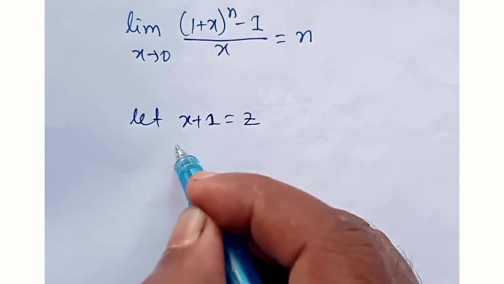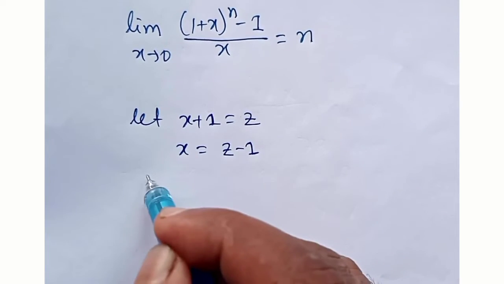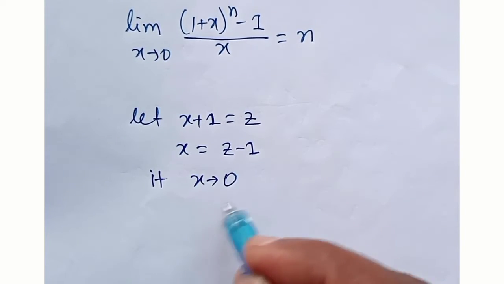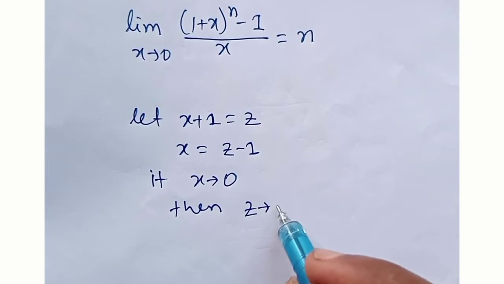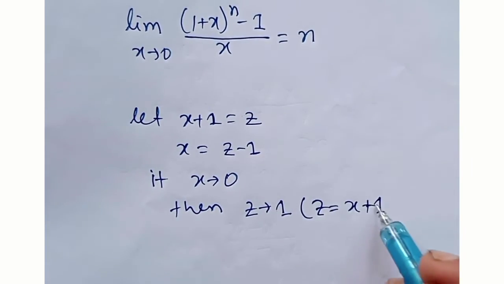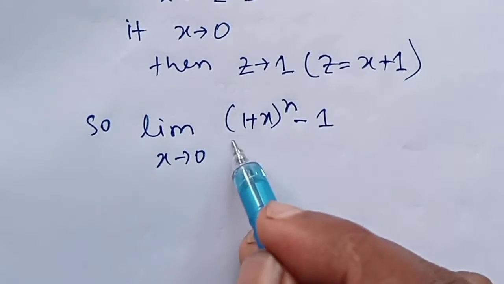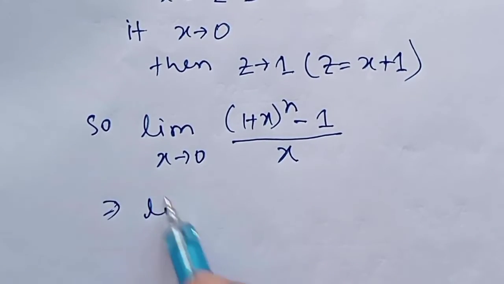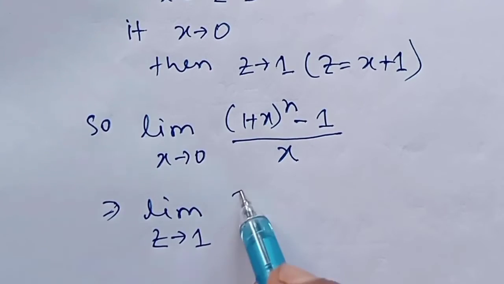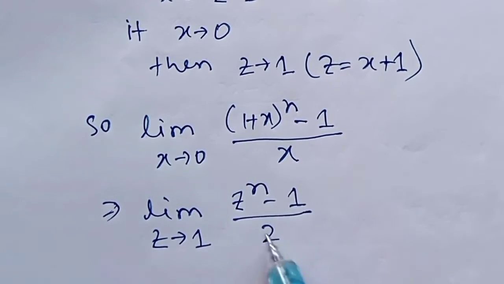We will take 1 plus x as z, so z will be x plus 1, so x will be z minus 1, right? And if x tends to 0, then you can understand z tends to 1, right? So put the value of it and we will get limit z tends to 1, (z power n minus 1) by (z minus 1), as x equal to z minus 1, right?